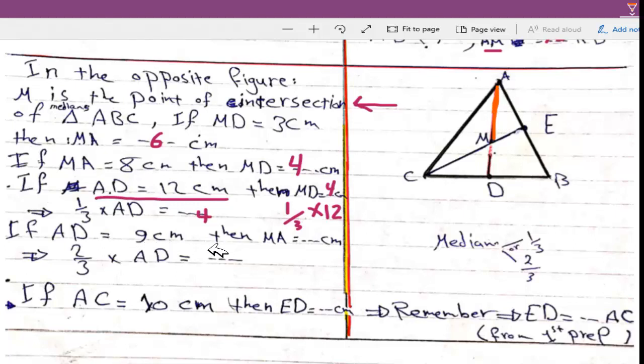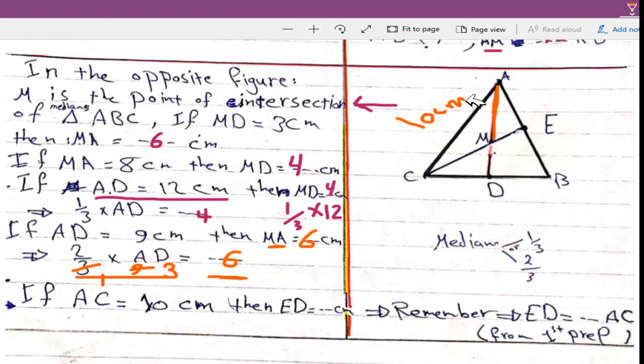So 2/3 multiplied by 9. So 9 divided by 3 is 3, and 2 multiplied by 3 is 6. So AM will be 6 centimeter.